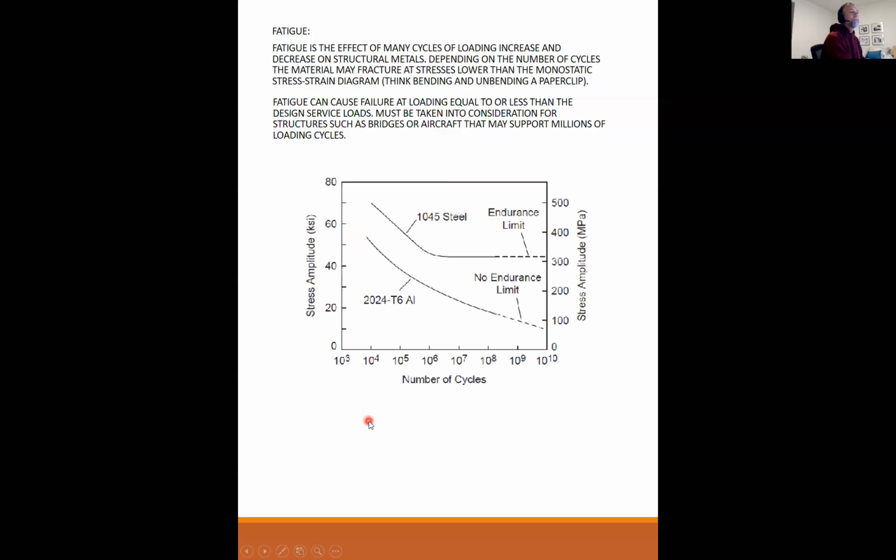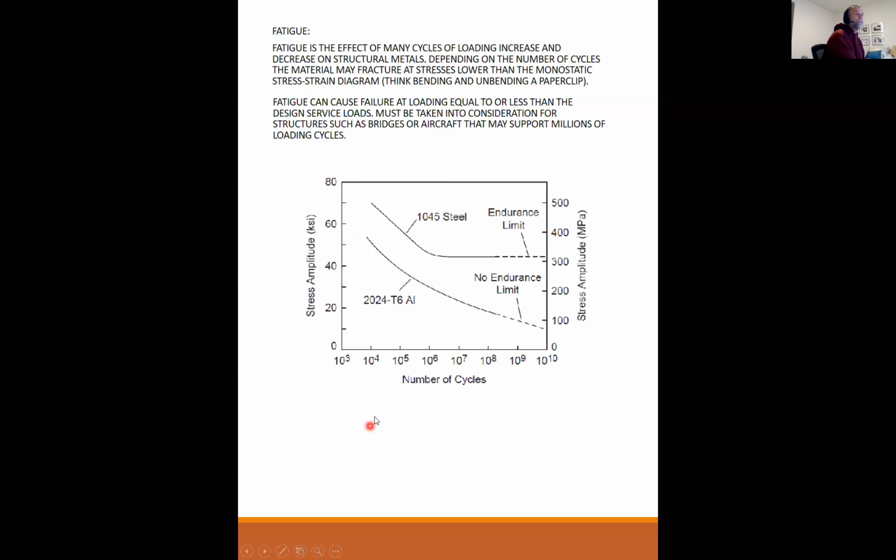And here's a diagram. So I could have a typical steel here, and if I only ever loaded it up maybe 10,000 cycles, this steel can sustain 70 KSI. It's pretty strong steel. But if I load it up into the millions or tens or hundreds of millions of cycles, then if I load it more than, say, about 45 KSI, it will fail.